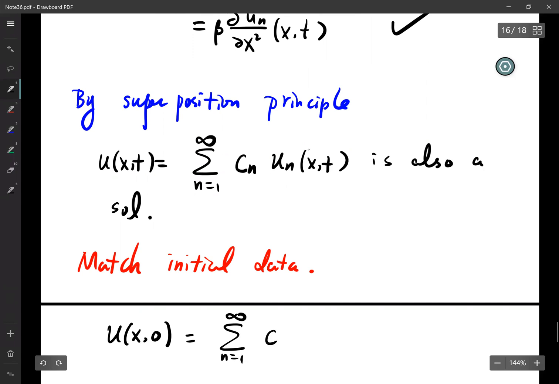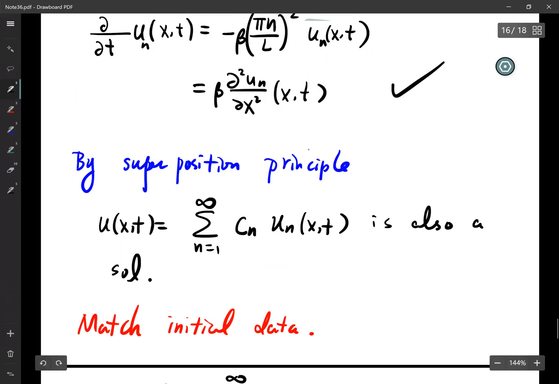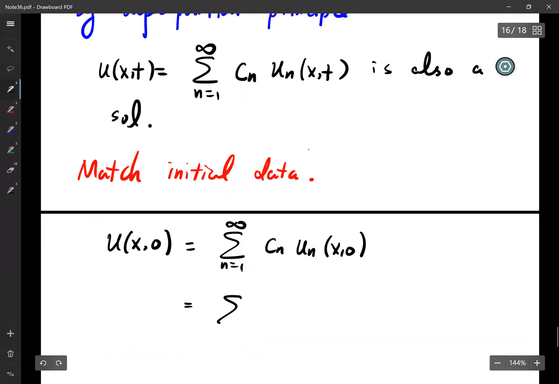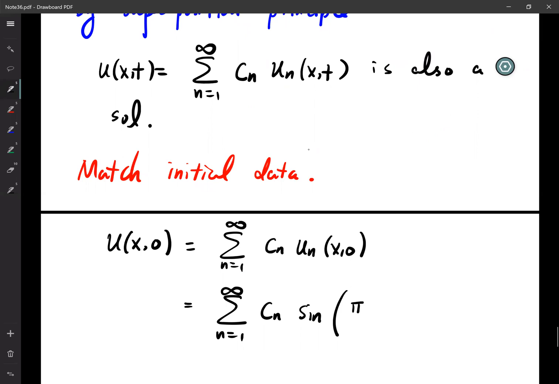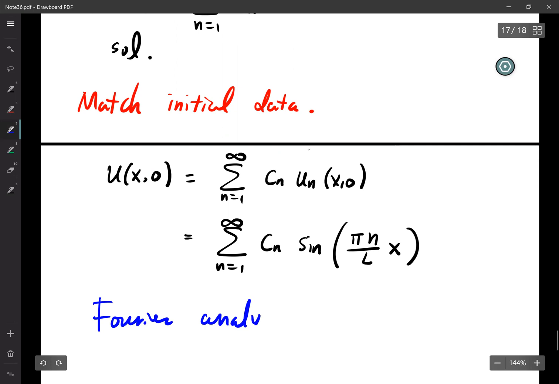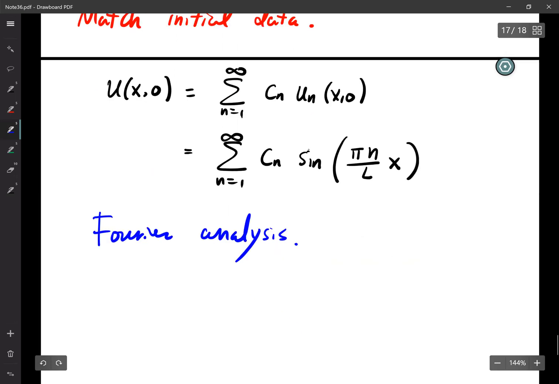I want to match it with respect to u_n(x,0), but u_n(x,0) is nothing, this is 0 here, but X_n, this is C_n times sine of pi n divided by L times x. So this known function, u(x,0), is expanded using these sine functions, and this is the so-called Fourier analysis, or more specifically, the Fourier series.